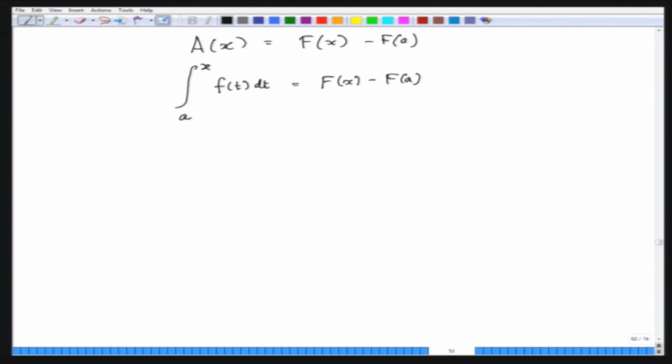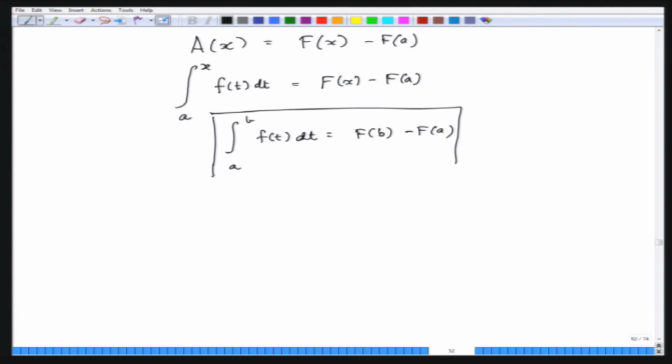And of course, you can write the integral from a to b of f(t) dt equal to F(b) minus F(a). Though there might be some issues about rigor, what we have reached is called the fundamental theorem of calculus. You see how beautifully and how simply we have arrived at that conclusion.